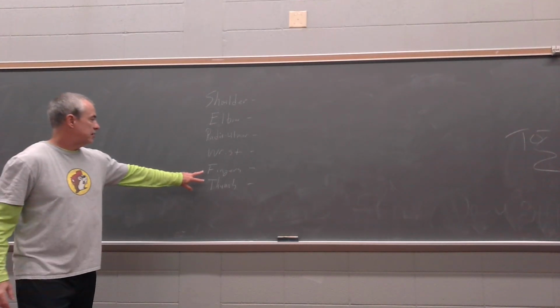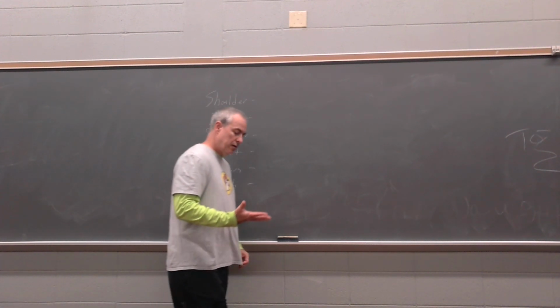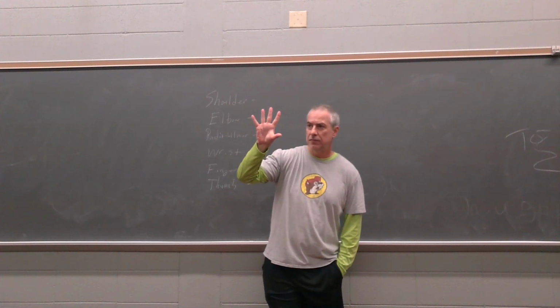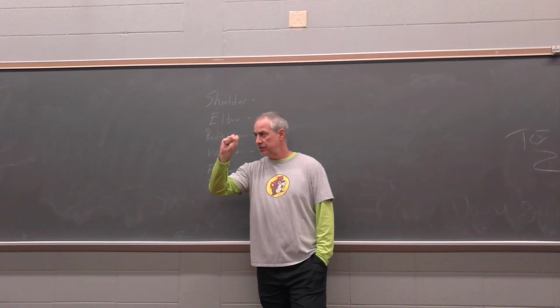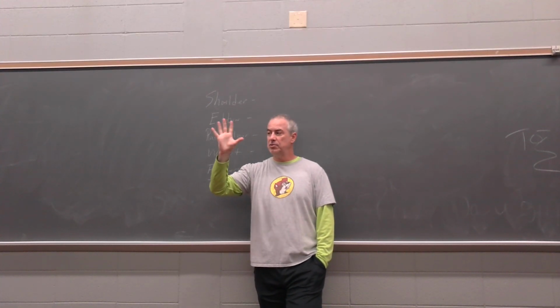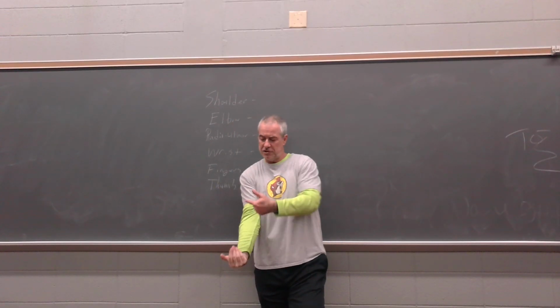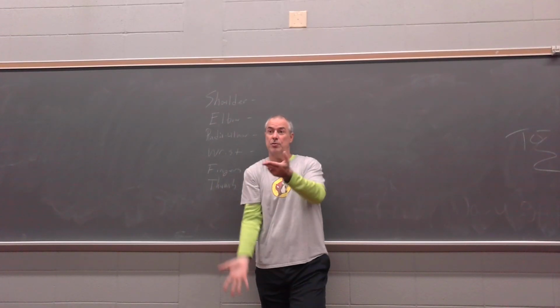I'm going to talk about these real quick, and I'm going to tell you what you're going to need to know. Your fingers, for the purposes of this class, are flexions and extensions, getting into grips. The opposable thumb is really cool.